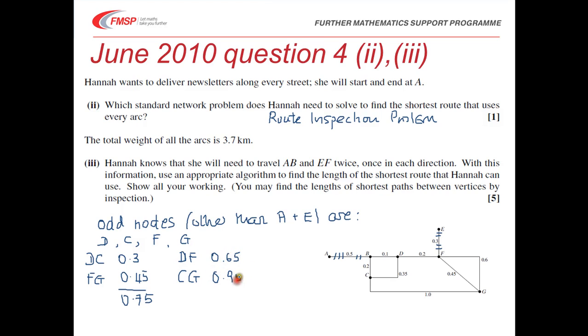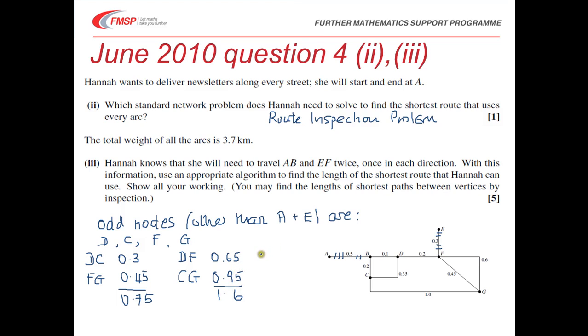So just check it's actually 0.95. So you're actually going to go along here. So you do need to be careful that you always find the shortest one. So that's a total distance of 1.6, so that doesn't look like a very good idea.